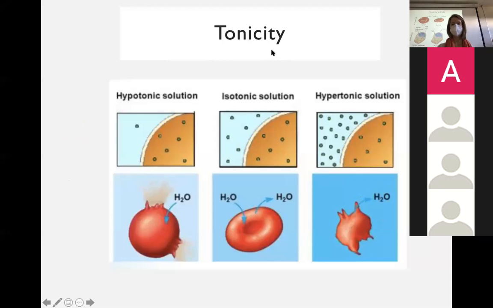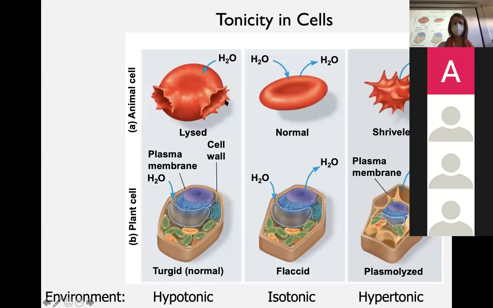Just as a reminder, because this can get a little bit confusing, all of this terminology kind of sounds the same. But the idea behind tonicity is just how much solute is there. And remember, you can put salt in there instead of solute if you want.